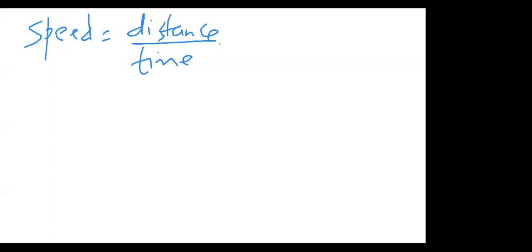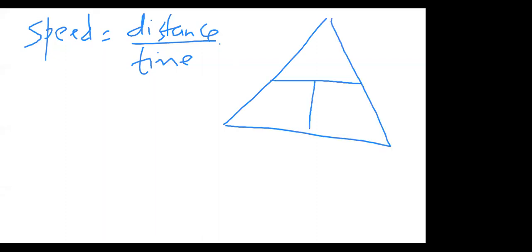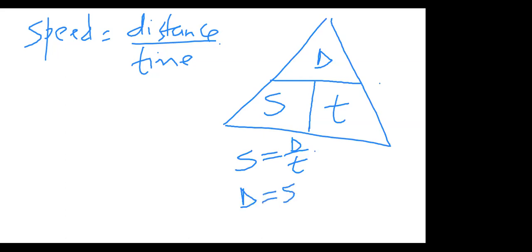And from this formula again, I can simply get all the others in case I draw a triangle like this. I know you had a triangle like this in your primary, where you had, for example, speed, distance, and time. So from this triangle, you can see that your speed is equal to distance out of time. Then you can also say that distance is equal to speed times time.